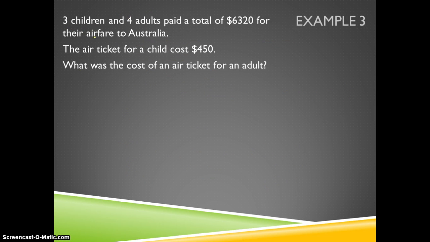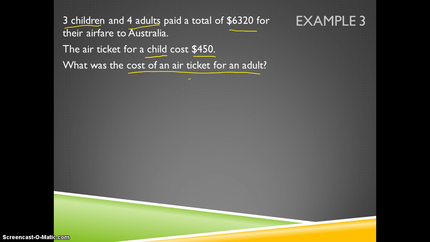Now 3 children and 4 adults paid a total of 6,320 for their airfare to Australia. The ticket of a child costs 450. So I want the cost of an air ticket for an adult.